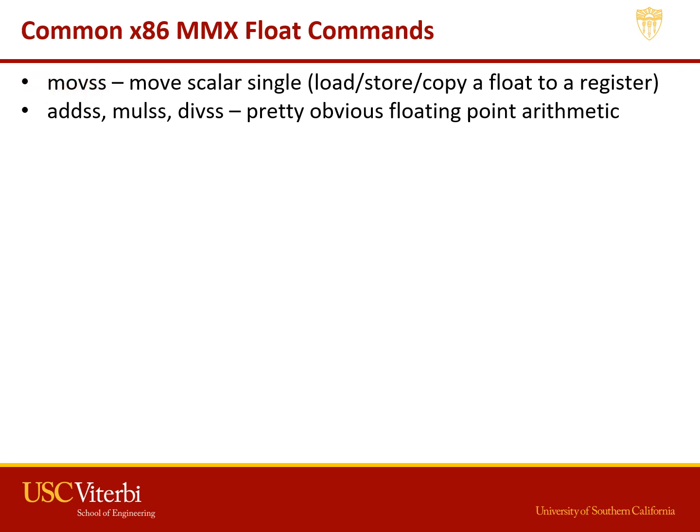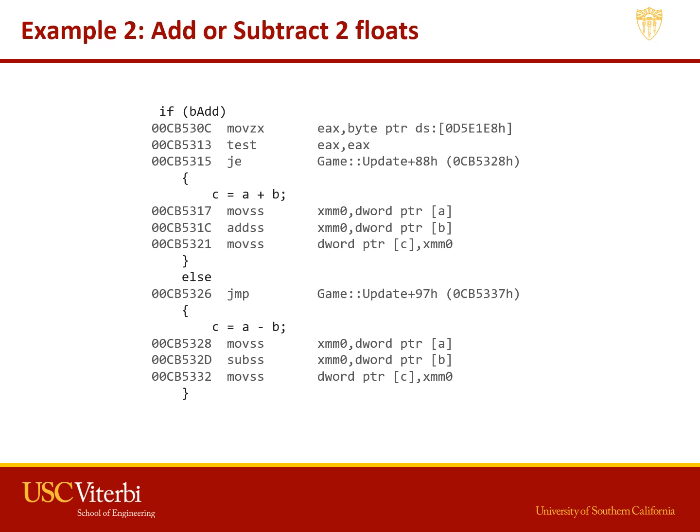And all of the math functions have that same pattern. So it's just add SS, mul SS, div SS. You get it. Let's look at an example. So here's that same badd function recompiled where the variables are now floats. These are all floats. And so it looks a little bit different.